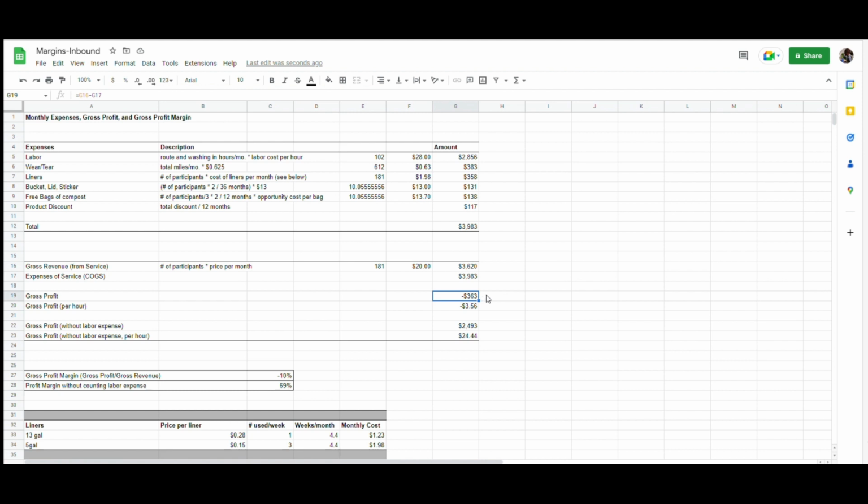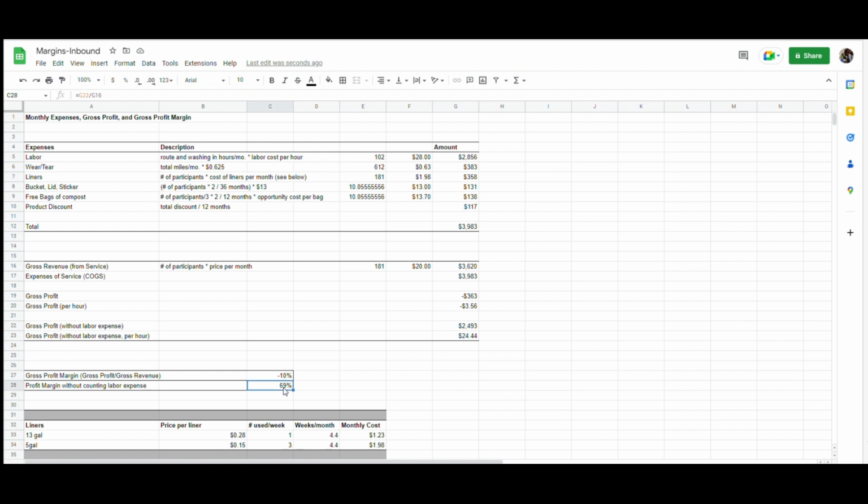That means if I hire someone at that rate that I think I'm going to have to, I'm losing money every week, right? In fact, I'm losing $363 a month. And here we see it as a negative 10% gross profit. Problem. It's a problem. This hasn't changed because this is the number if I do it all myself.